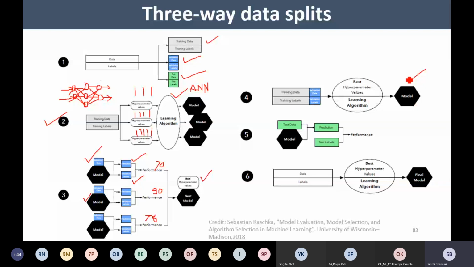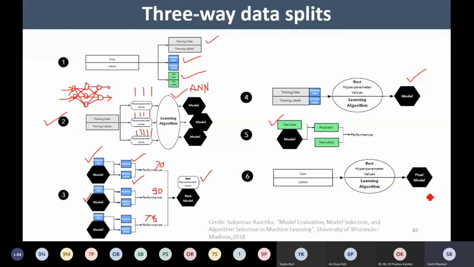Now I have this model, based on the best hyperparameter values and a comparatively bigger data set that includes training data and validation data. I have one more data set available. This model is now presented with my test data set in step number 5.